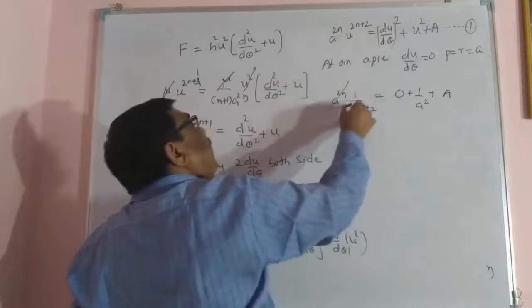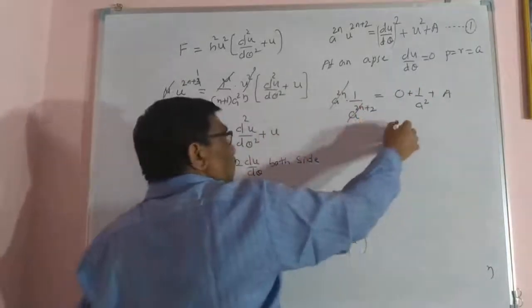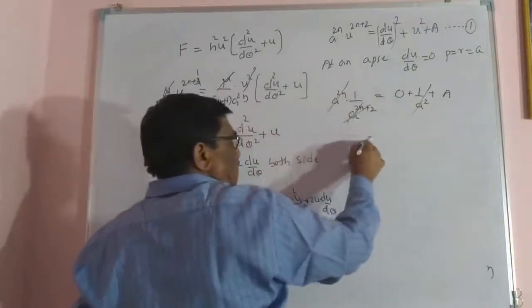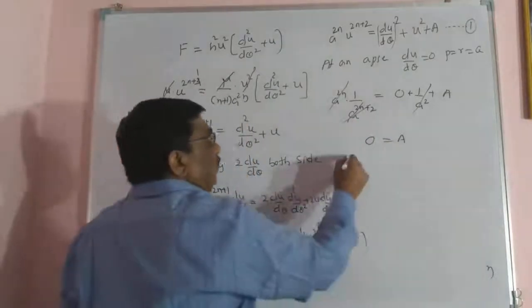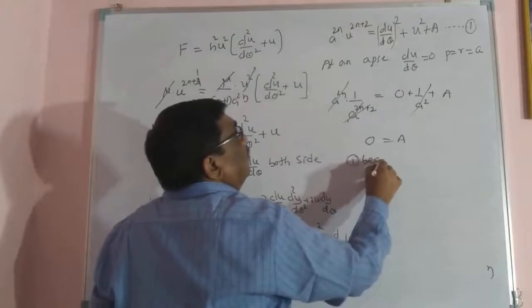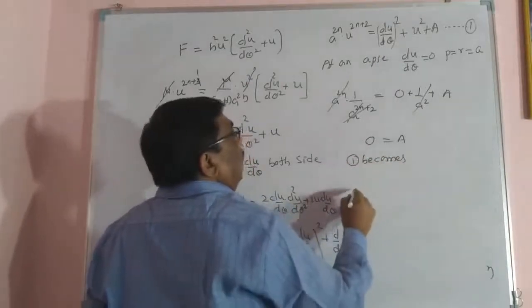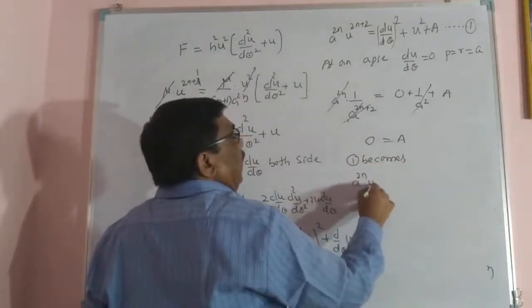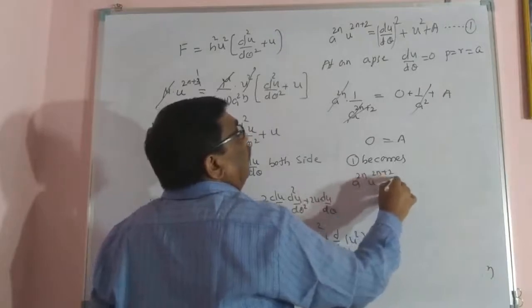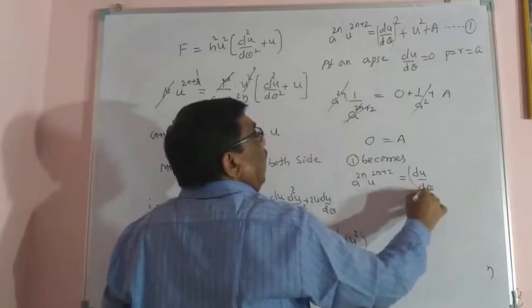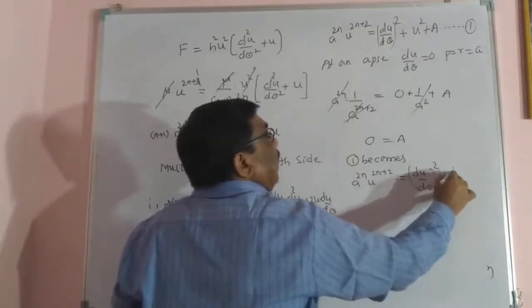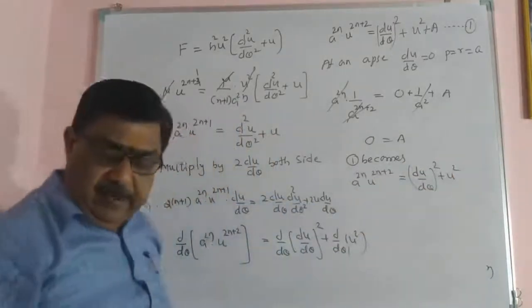A raised to 2n cancels, a square remaining. This a square also cancels, 0 equal to a, so the constant becomes 1. a raised to 2n u raised to 2n plus 2 equal to du by d theta whole square plus u square. Again, we have a differential equation.